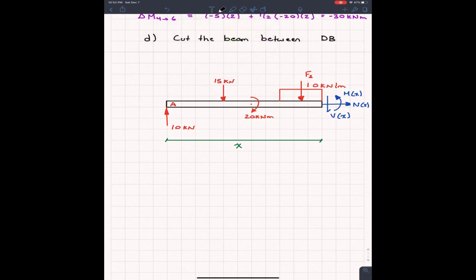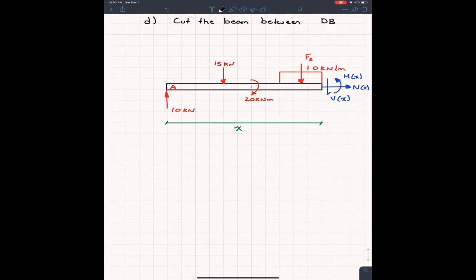So the first thing I'm going to need to know is, okay, what is F2? F2, we know, is just going to be the area of the distributed load, which is going to be 10 kilonewtons. That's the height. But now we have to figure out what the length of it is, and this is what gets a little bit tricky for people. We know that the distance from this end of the beam to the start of the distributed load is 4 meters.